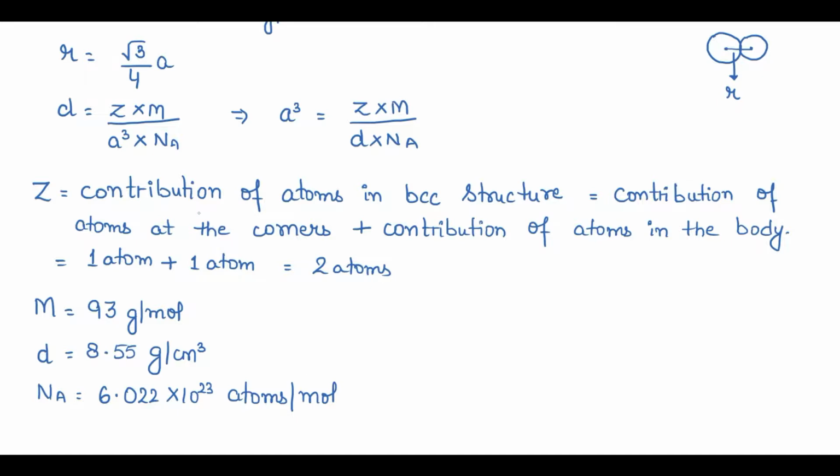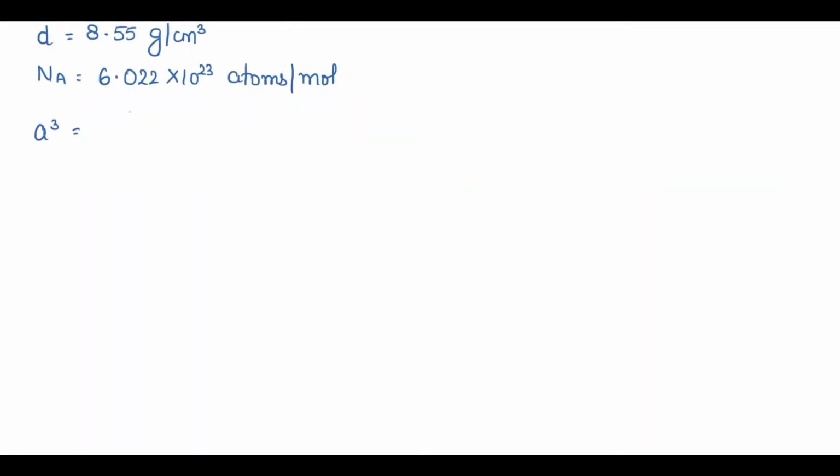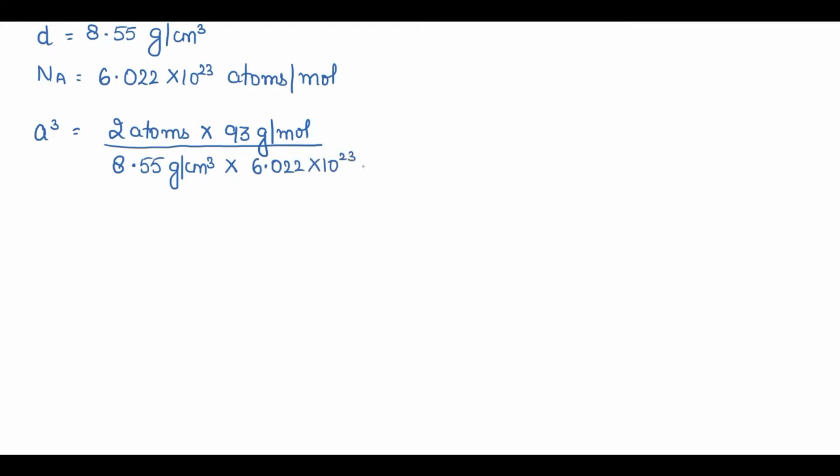Now we'll put the values. A cube equal to Z, that is 2 atoms, into M, 93 gram per mole, by density 8.55 gram per centimeter cube, into Avogadro number, 6.022 into 10 raised to power 23 atoms per mole. Now cancel this gram with this.